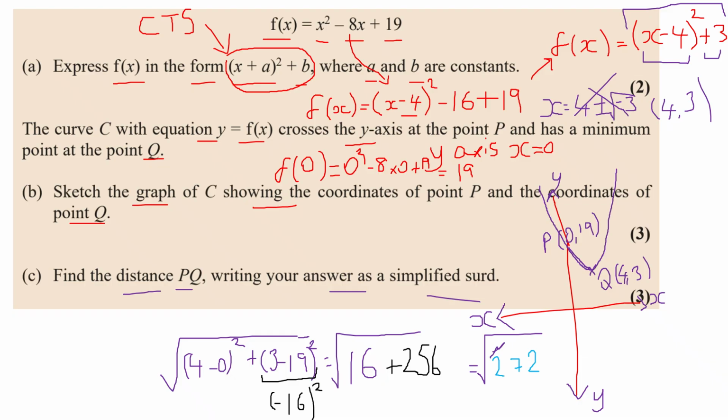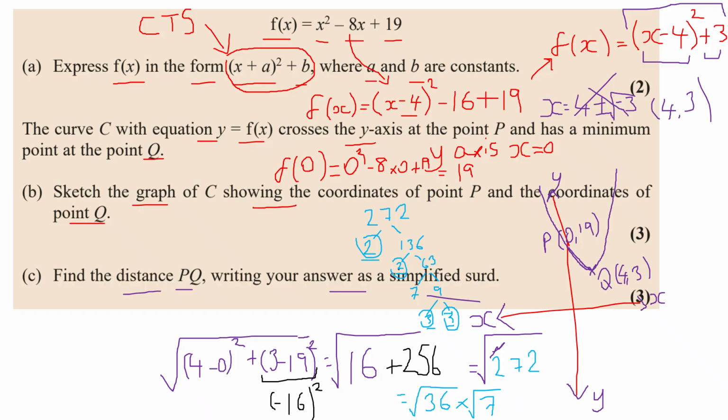Now I'm going to look for a square number that goes into 272. If I break it down into prime factors, we have 2 times 136. That decomposes into 2 times 68, and then 2 times 34, and so on. So 2 times 2 makes 4, and 3 times 3 makes 9, so those are my square number factors.